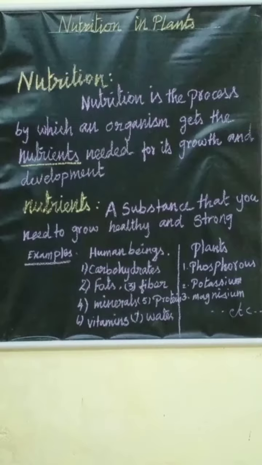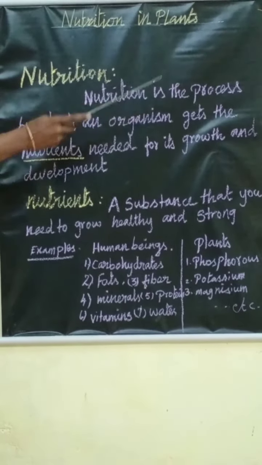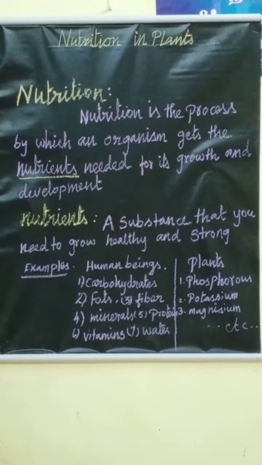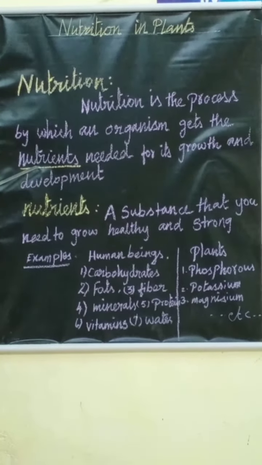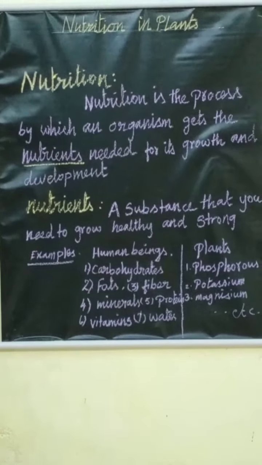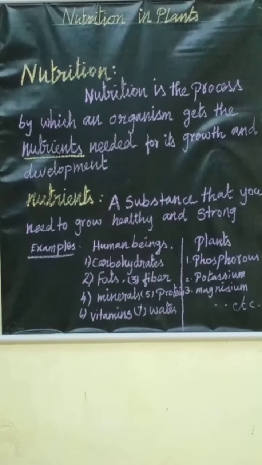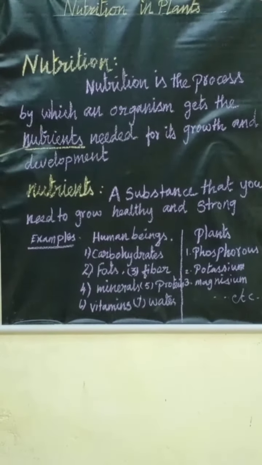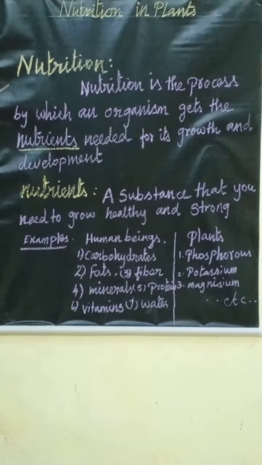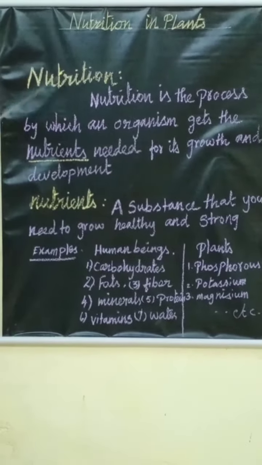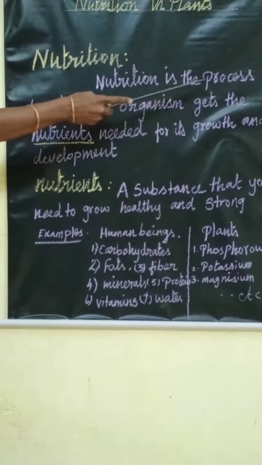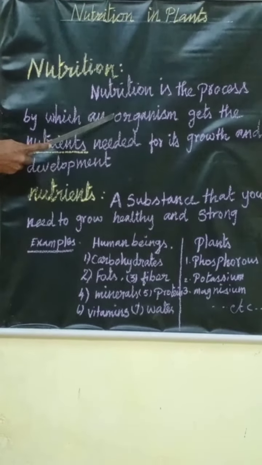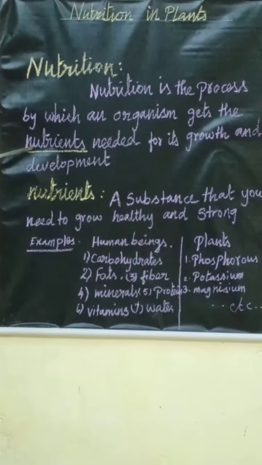Nutrition is the process. Through this process only, all living organisms can get nutrients. Now the difference between nutrition and nutrient. Already we know about nutrition. Nutrition is the process through which an organism gets the nutrient.